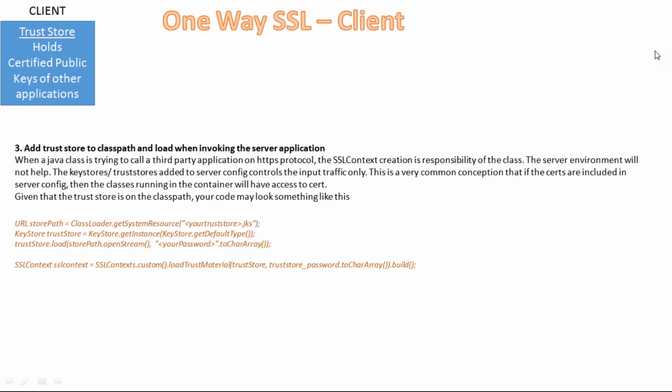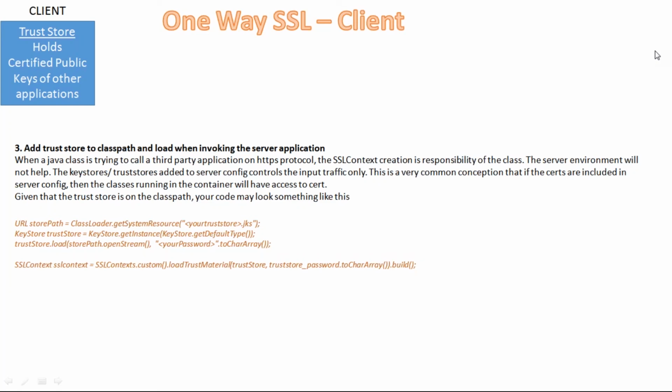Once you have added the public certificate to the trust store, you have to load this trust store while making a call to the server. If you don't load the trust store, it will not load the certificates you have added, but you may still see that your application is able to make a call.